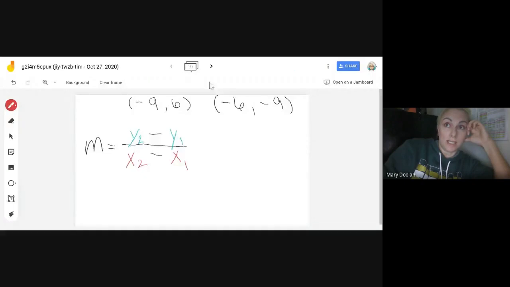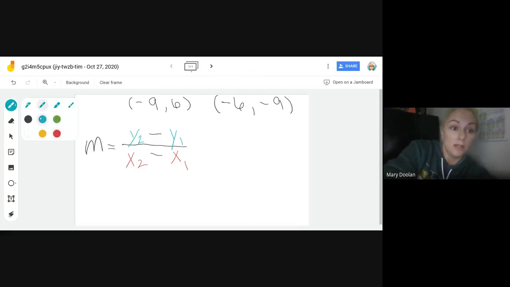And I'm going to share this tab with you, which is a whiteboard where I have it written out. It's a Jamboard. It's linked in the Google Meet as well. If you wanted to take another look at it after it's not on here, you can just watch the video later and pause it. What we're going to do is figure out which ordered pair we want to be our first ordered pair, and which one we want to be our second.